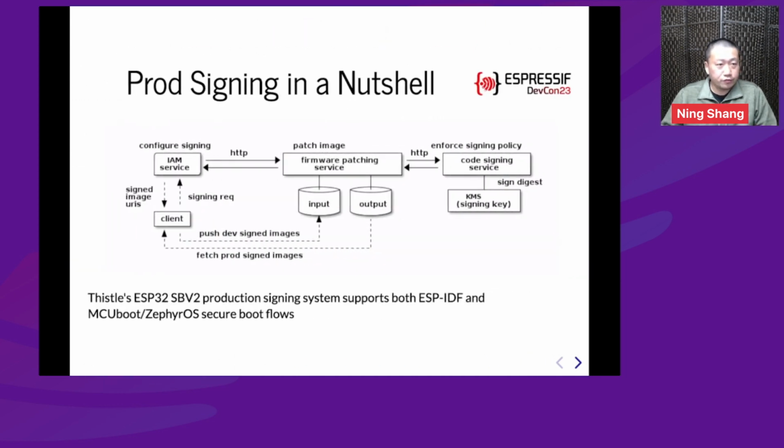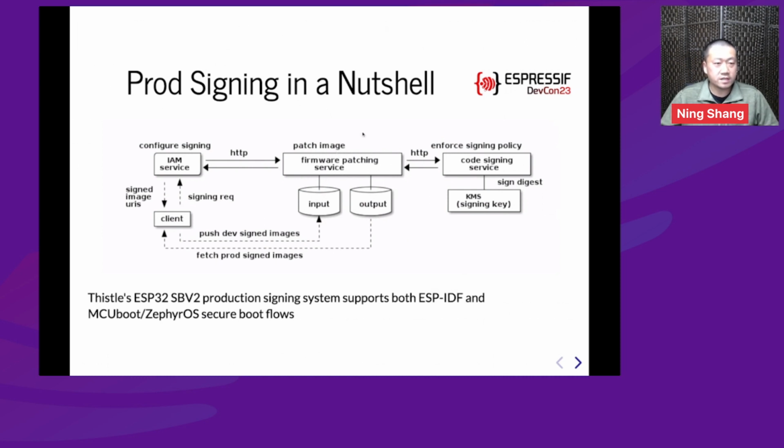And in brief, we implemented a system, shown in this slide. It's a firmware signing system, consisting of a few microservices. We have an IAM service to do user management and access control, and also the signing configuration.